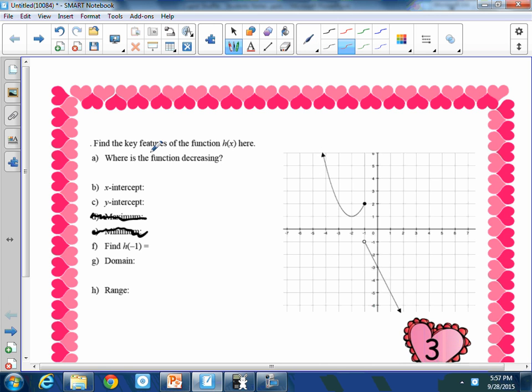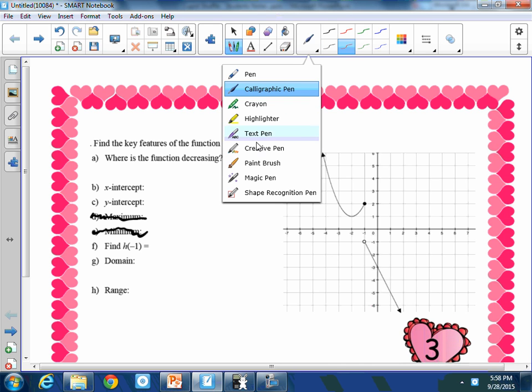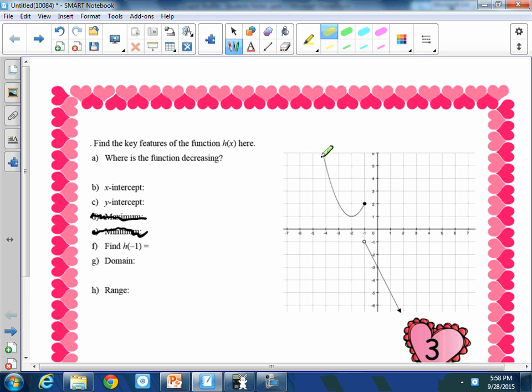Okay, so find the key features of the function h of x here. Where is the function decreasing? I'm just going to go ahead and highlight. The function is decreasing from here to there and from here to there.